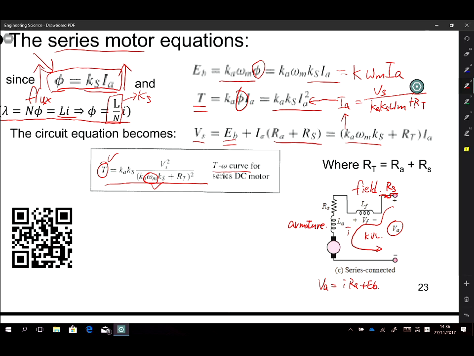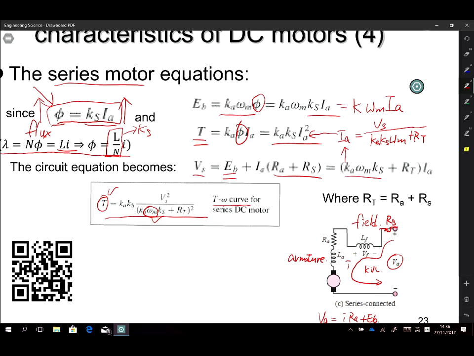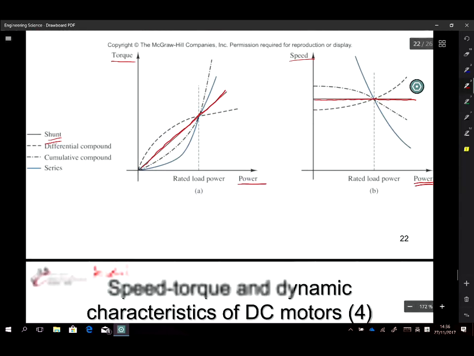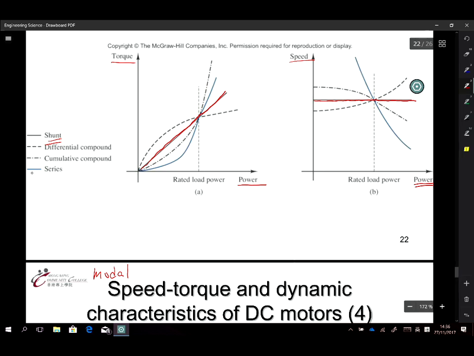Looking at the characteristic of the series motor in blue, you find that when the power is increased, at the beginning the torque of the series motor comes up with a small magnitude.